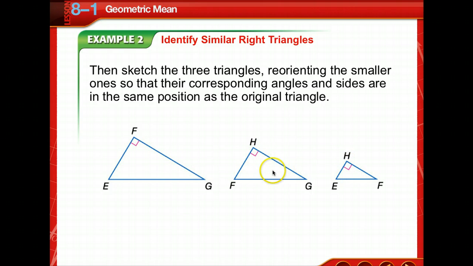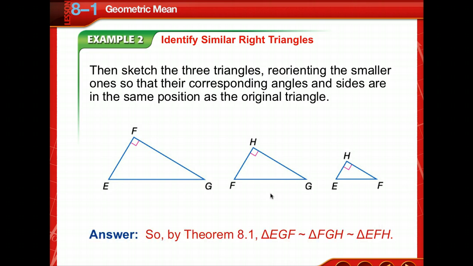That way we can see that they are similar. So here is our similarity statement. EFG is similar to FHG, which is similar to EHF. So when you redraw them and reorient them, it helps you determine how to name the triangles, because these have to be in the right order.